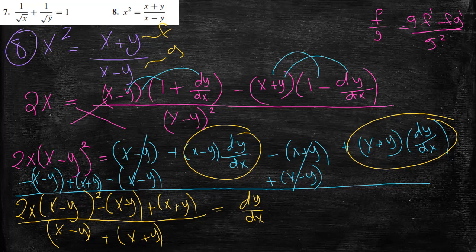Teacher, can you please repeat from the part where you start dividing? Divide here, from the blue one. Here now, we multiplied 2x by (x minus y) squared.